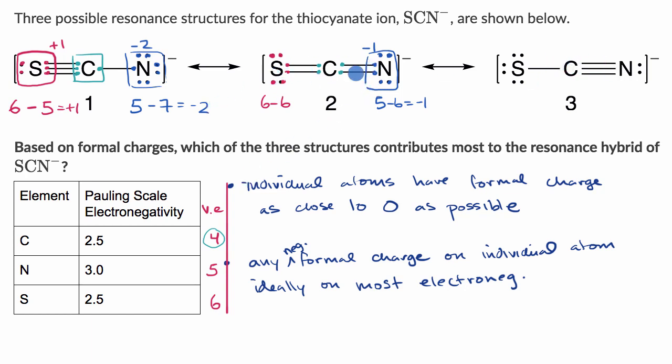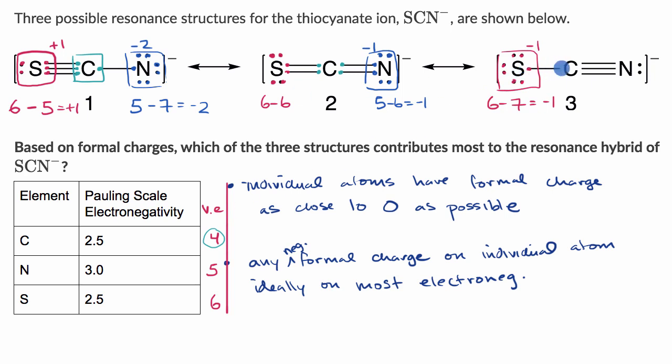And then last but not least, in this resonance structure, we have 1, 2, 3, 4, 5, 6, 7 outer electrons hanging out around the sulfur. Neutral sulfur would have 6 valence electrons. 6 minus 7, we have 1 extra electron. That's what gives us this -1 formal charge for the sulfur in that resonance structure.